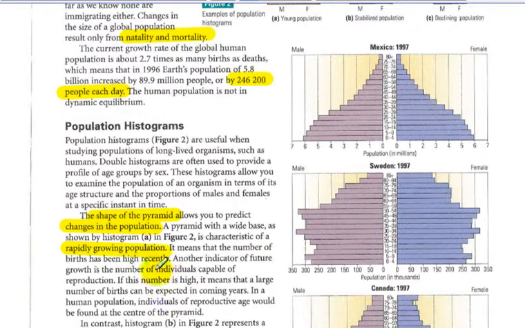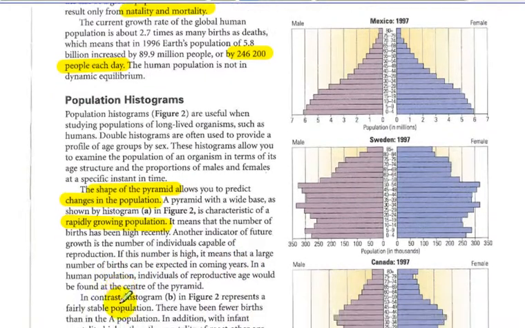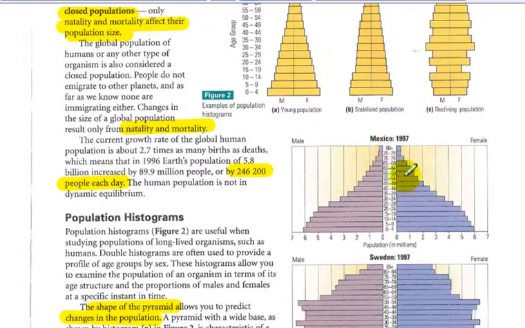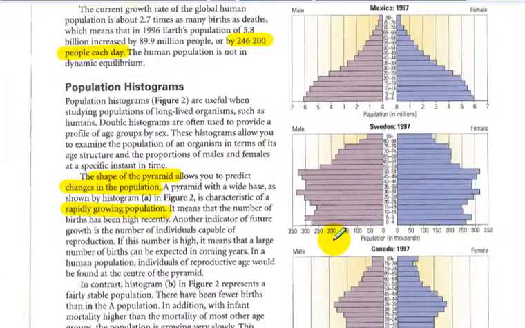Another indicator of future growth is the number of individuals capable of reproduction. If the number is high, it means that a large number of births can be expected in coming years. In a human population, individuals of a reproductive age would be found at the center of the pyramid. So Mexico, for example, would illustrate a growing population because you have many, many young people. Okay, so a wide base indicates a growing population.